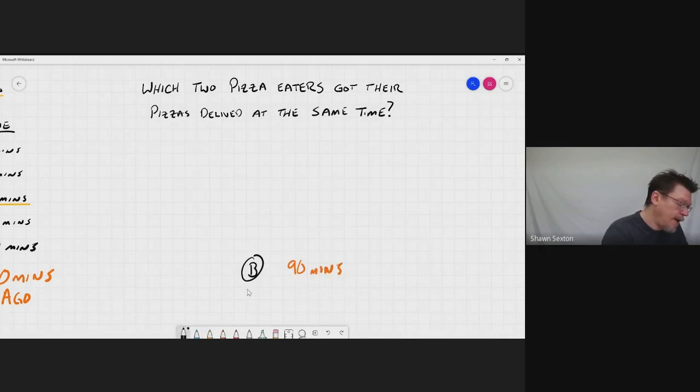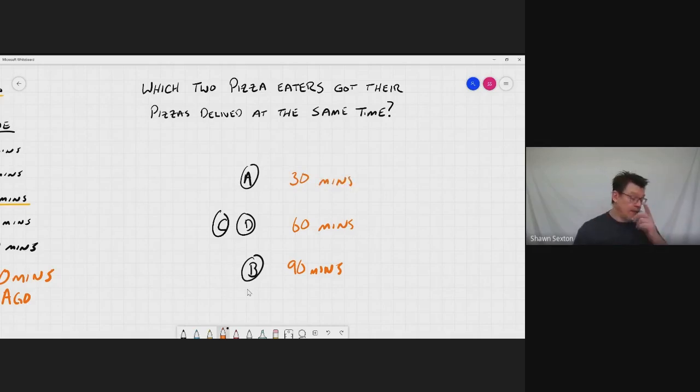Then we had Pizza Eater C and D both got their pizza 60 minutes ago. And lastly, Pizza Eater A got their pizza 30 minutes ago. All right, so there's the sequence.